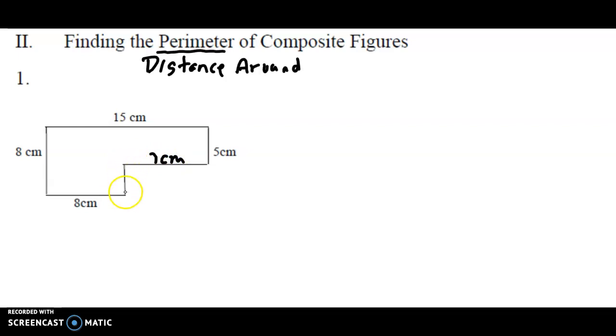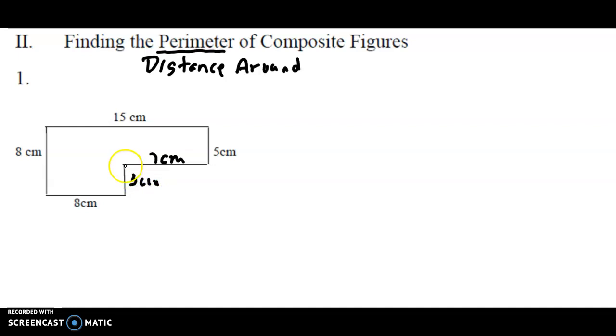For this line here, we're going to do the same thing. We know that this side is 8 of the rectangle, so anything on the opposite side of it also has to add up to 8, so 5 plus this line has to equal 8. That means that logically this has to be 3 centimeters.